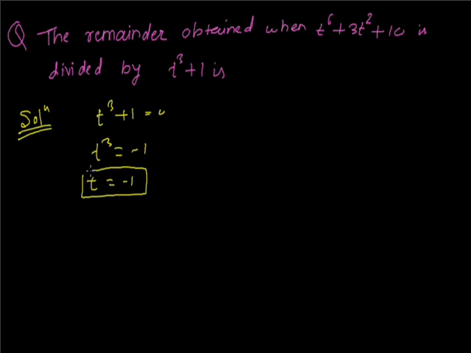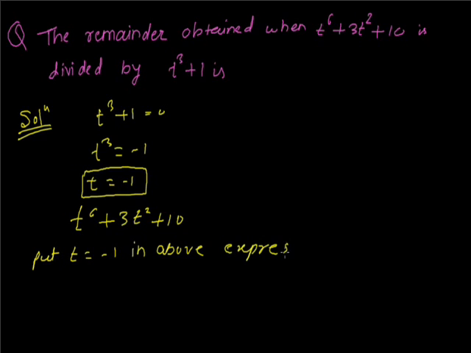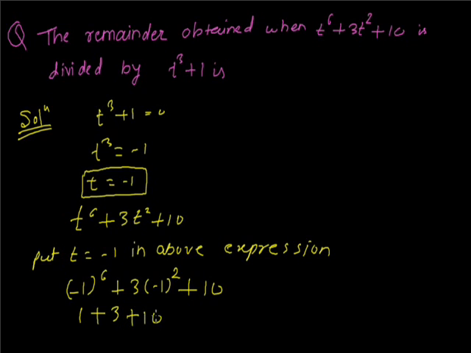Put t equal to minus 1 in the given polynomial: minus 1 raised to the power 6 plus 3 times minus 1 raised to the power 2 plus 10. The value becomes 1 plus 3 plus 10 equals 14. 14 is the remainder.